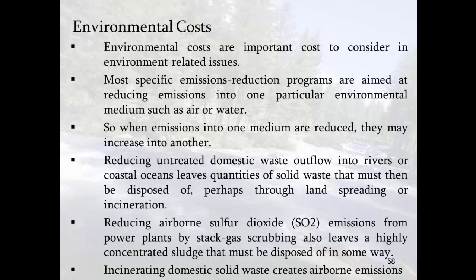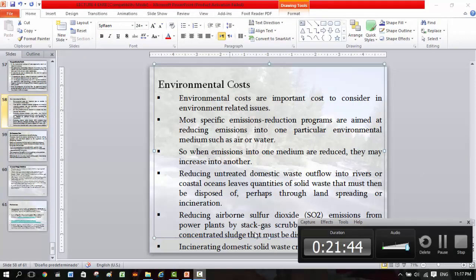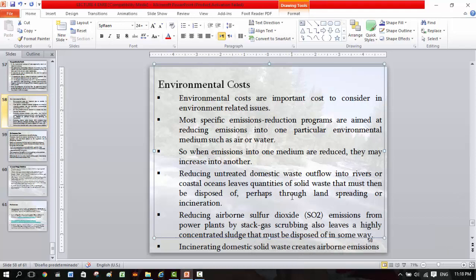Reducing airborne sulfur dioxide emissions from power plants by stack gas scrubbing also leaves a highly concentrated sludge that must be disposed of in some way.